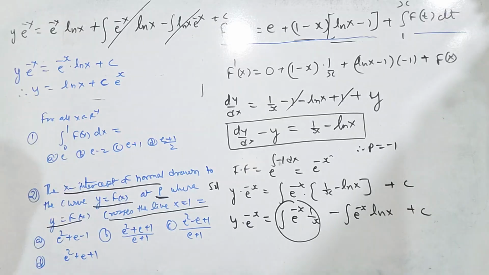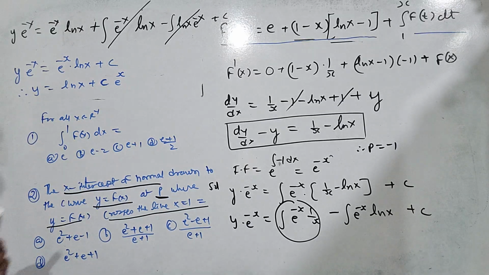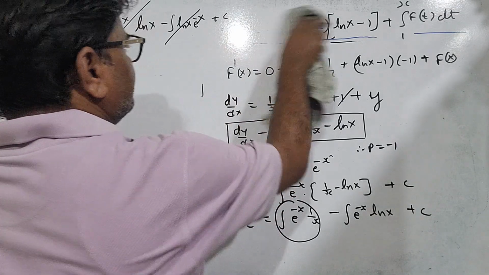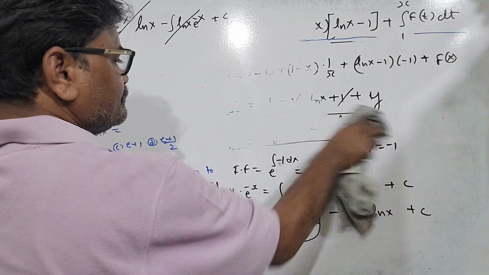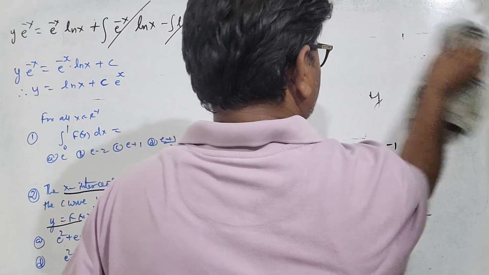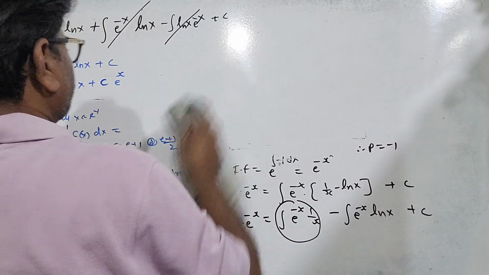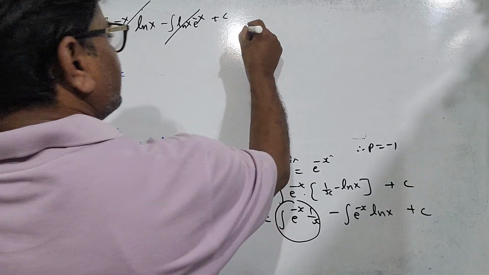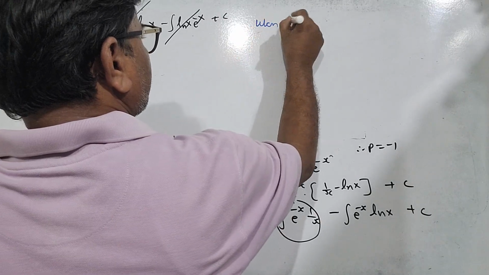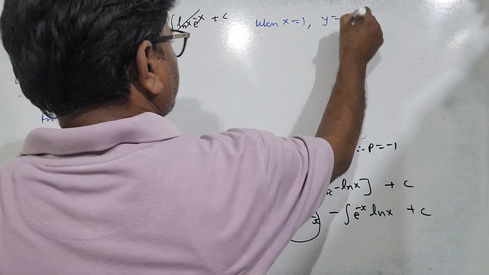So finally, now I can delete this one. Okay. So finally what I am getting, when x equal to 1, y is equal to e.